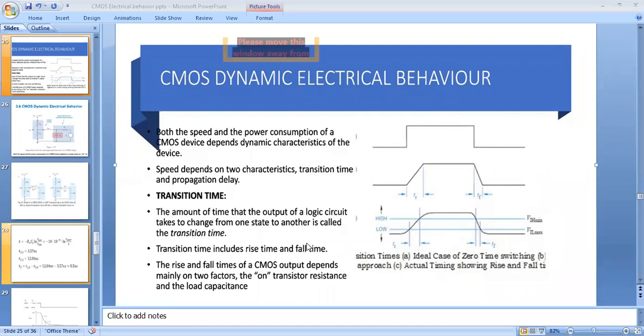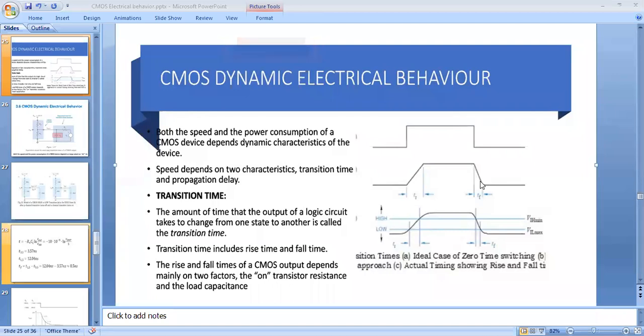What is rise time? The time required to change from low state to high state is called rise time, which is represented with TR. The other time is fall time.